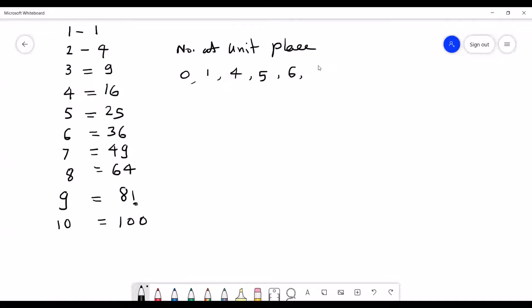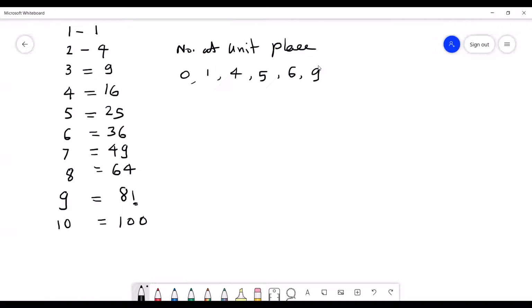And now 7 is not coming anywhere. As well as 8 is there or not. 8 is not there in any unit place. Then 9 is there. So this means that in unit place, 0 can come, 1 can come, 4 can come, 5, 6, 9 is possible.